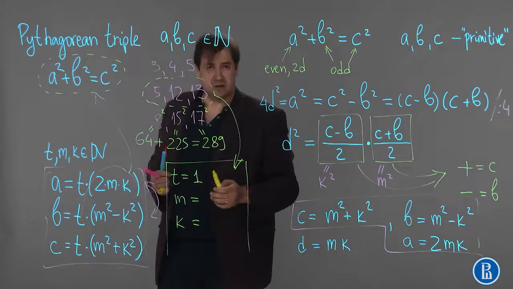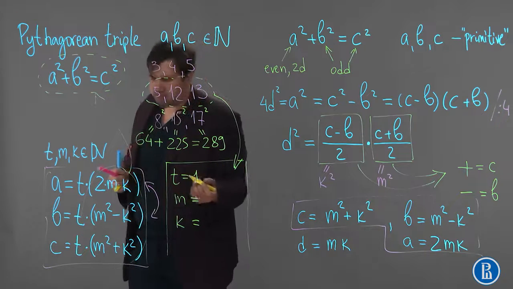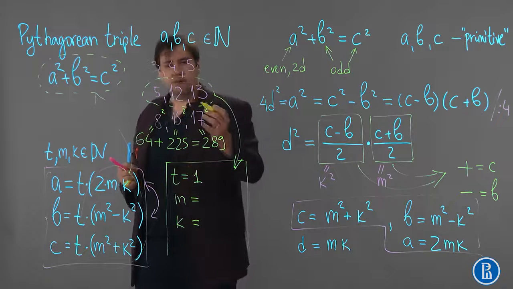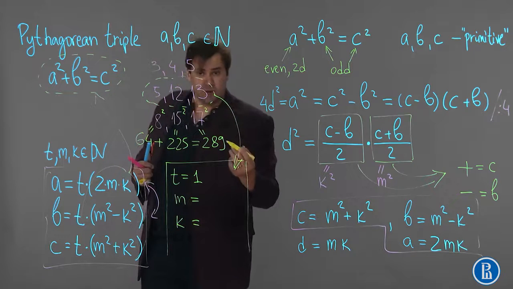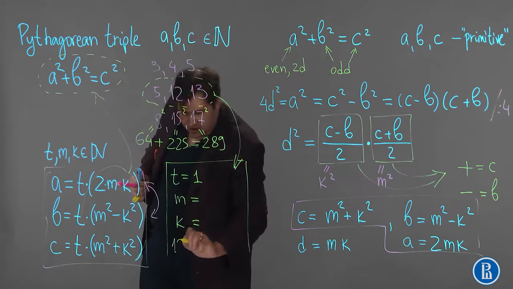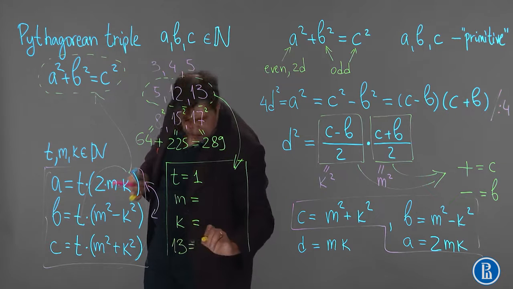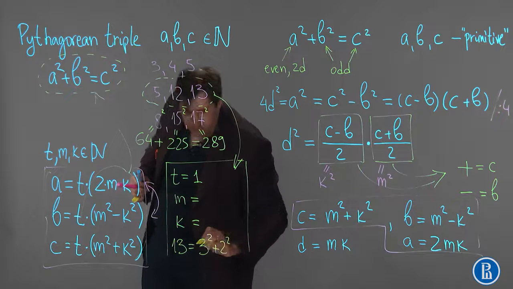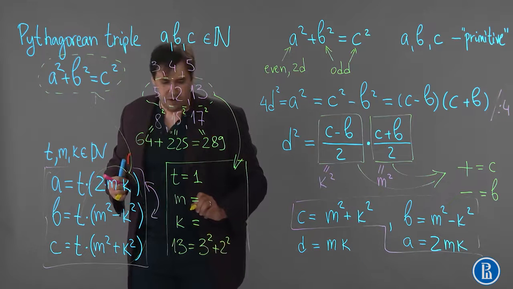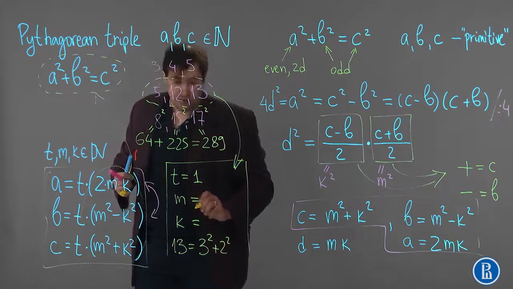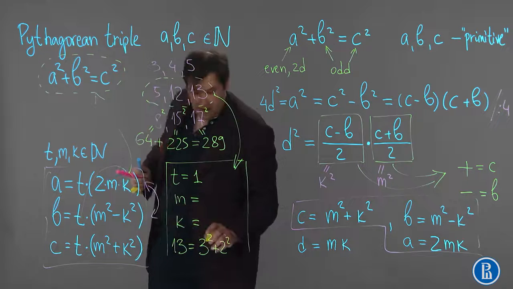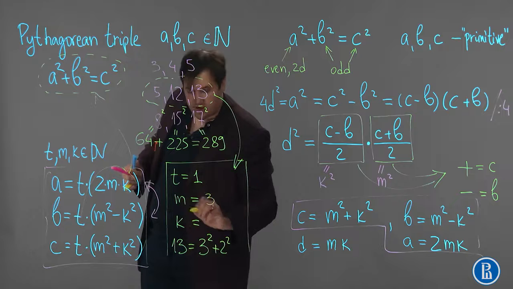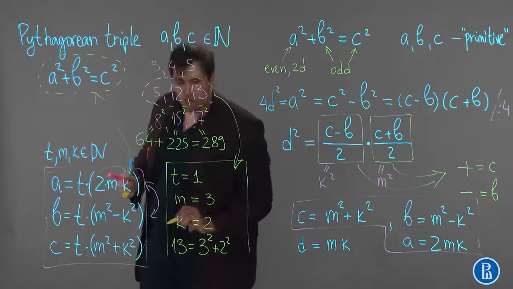Well, that's not so difficult actually. Notice that 13, for instance, is equal to 9 plus 4, which means 3 square plus 2 square. Why don't we just take 3 and 2 and say that m is equal to 3 and k is equal to 2.